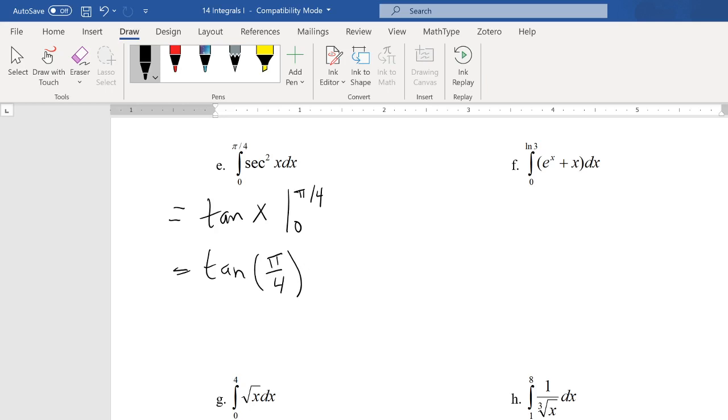And then we just plug in the upper bound minus plugging in the lower bound. So that would be 1 minus 0, or 1.